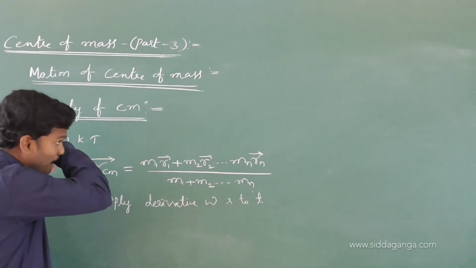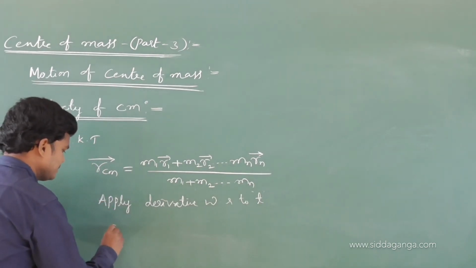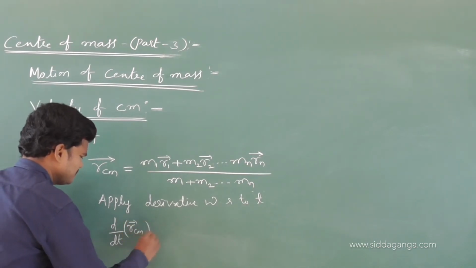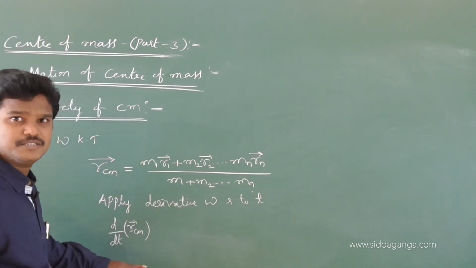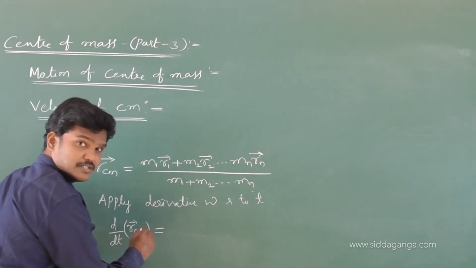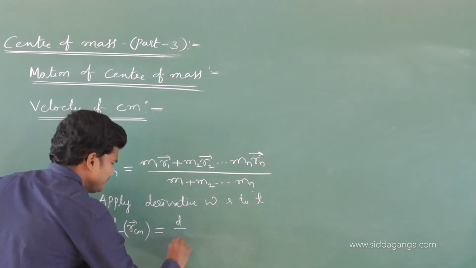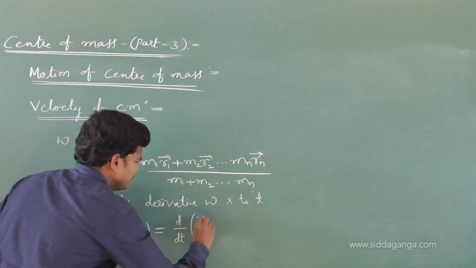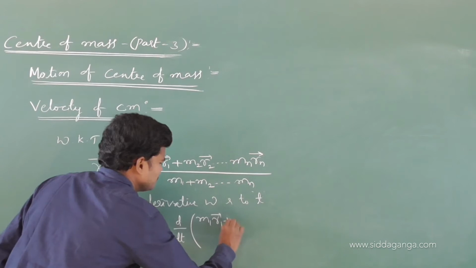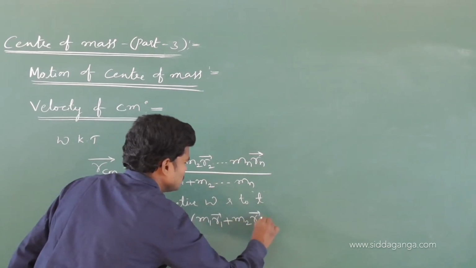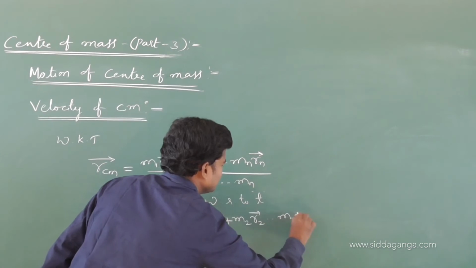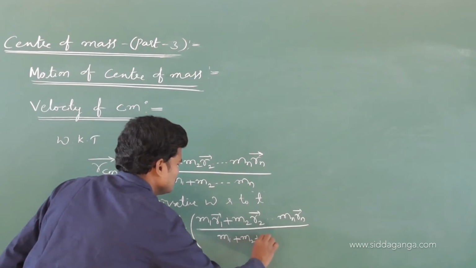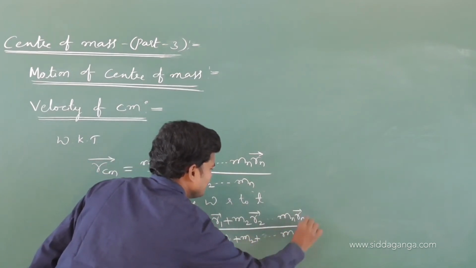So if I apply the derivative, this can be written as d by dt of RCM bar, which is equivalent to d by dt of m1 r1 bar plus m2 r2 bar, so on, mn rn bar, divided by m1 plus m2, so on Mn.